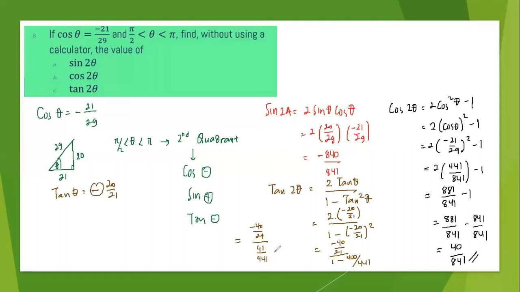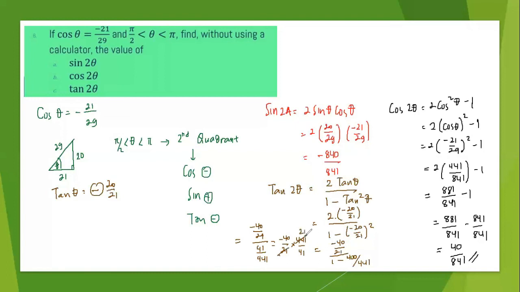Yes, sir. So equal minus 40 over 21 times 441 over 41.